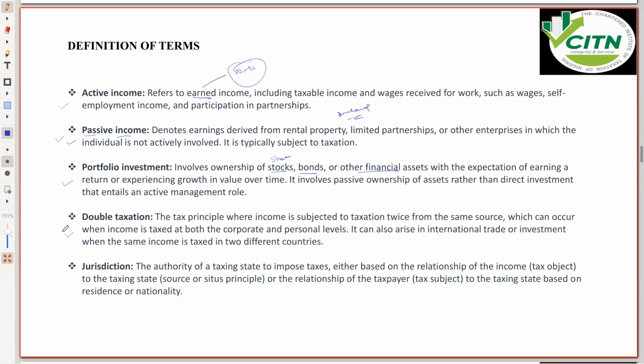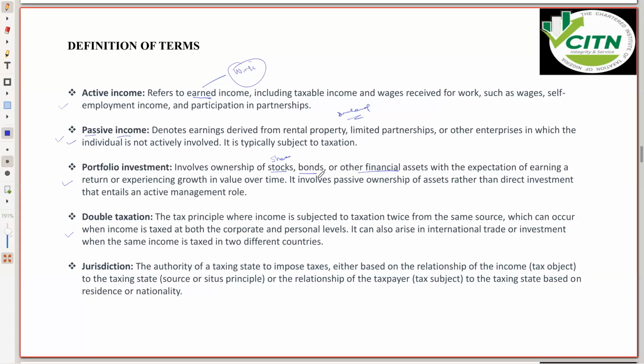Fourth concept is the concept of double taxation. And this is a recurring word when it comes to international taxation. So let's quickly recap what it means again. When we say double taxation, it's basically where that income is subject to taxation twice from the same source. So that same income is subject to taxation twice.